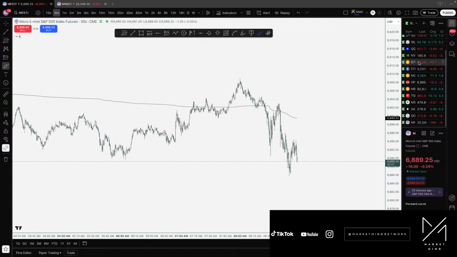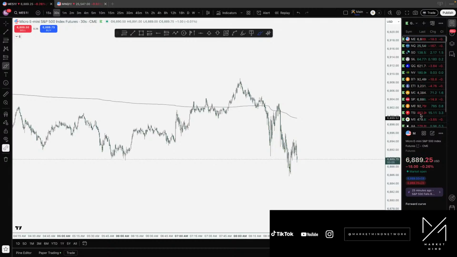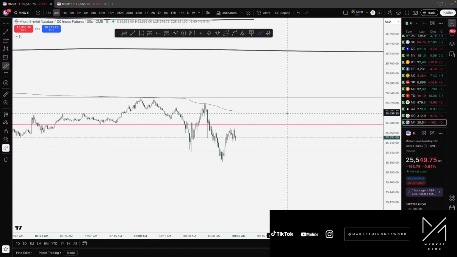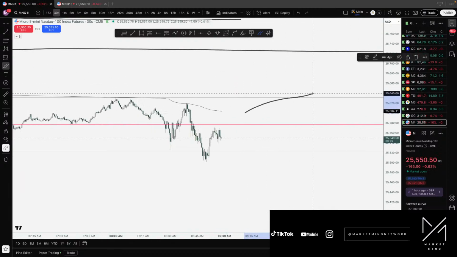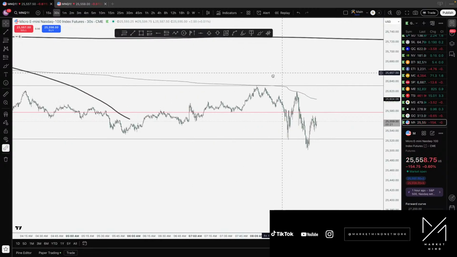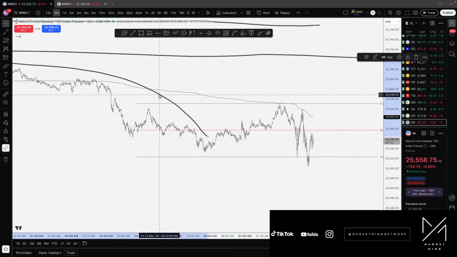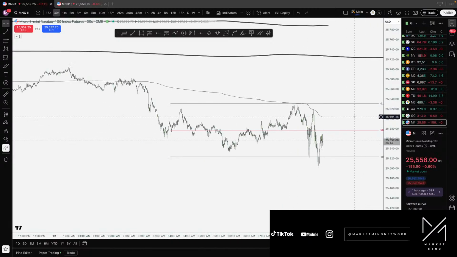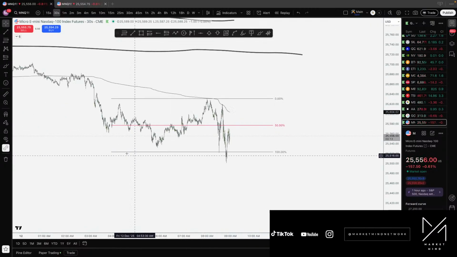Tesla's shooting up, but Nasdaq is not able to. What does that mean? Sometimes Nvidia and Tesla tug on Nasdaq a lot, from what I've seen, depending on the direction. Maybe Nasdaq wants to go down more, but Tesla shooting up like that is not helping the case.